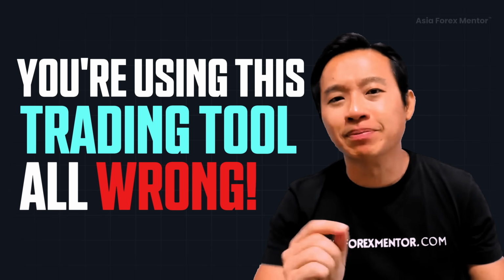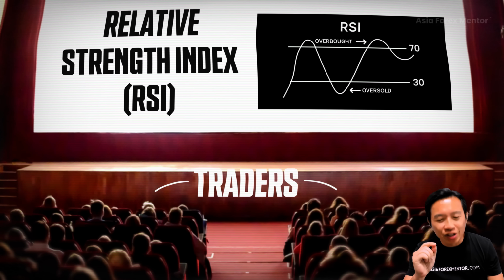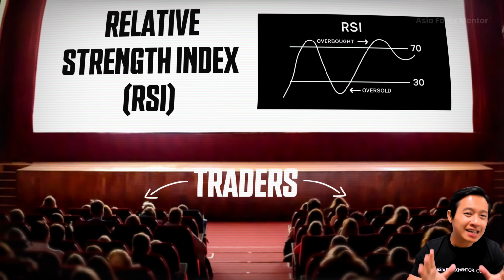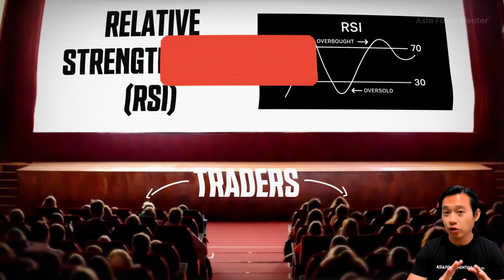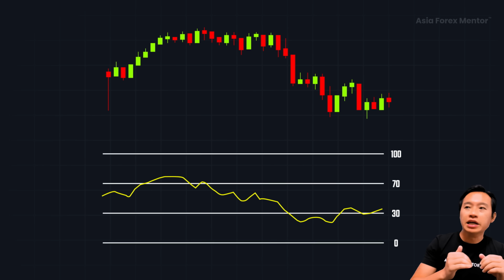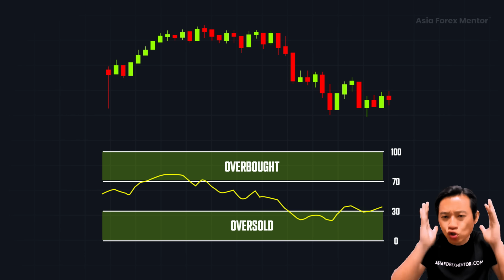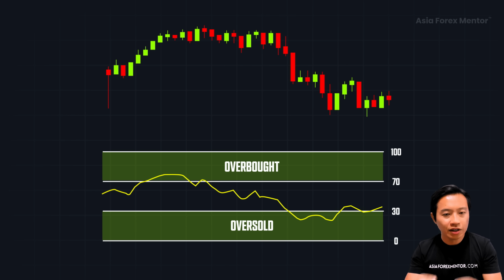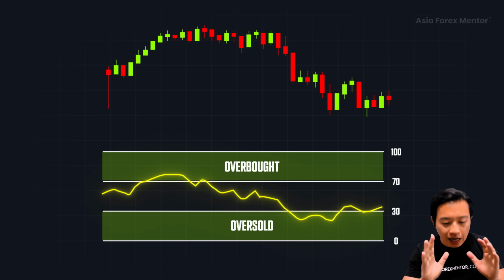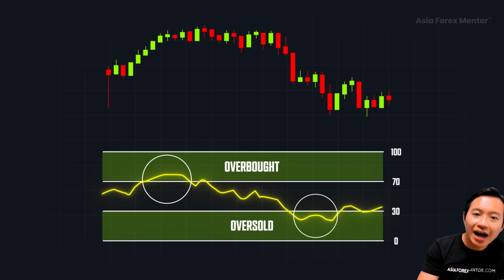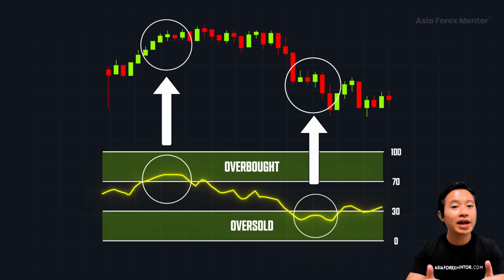So, you know something? Most people are using the RSI indicator the wrong way. They think that it's just about spotting the overbought or oversold zones. But there's really so much more to it. For one thing, the RSI allows you to identify the trend. As we know, the trend is your friend.